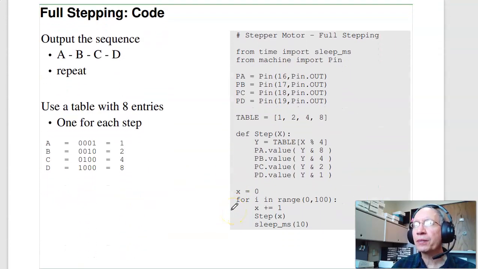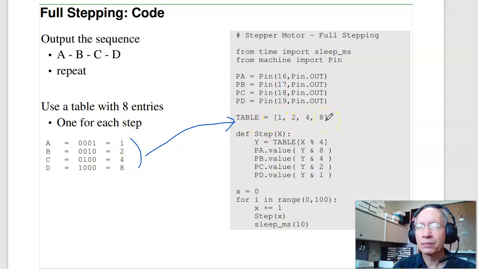In terms of coding, I want to drive coil A, B, C, D, A, B, C, D. If I assign that a 4-bit binary number, I can represent that as the number 1, 2, 4, 8, and repeat. In the code, I'm using a lookup table. That tells me which of these 4 pins should be on and off. So it could be A, B, C, D, or I got the order backwards.